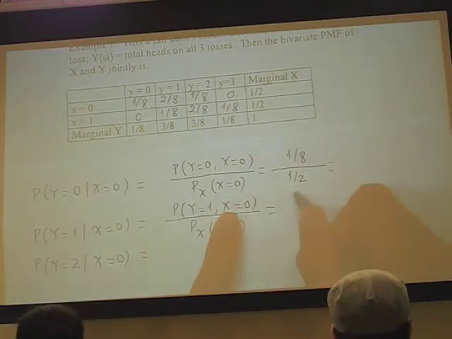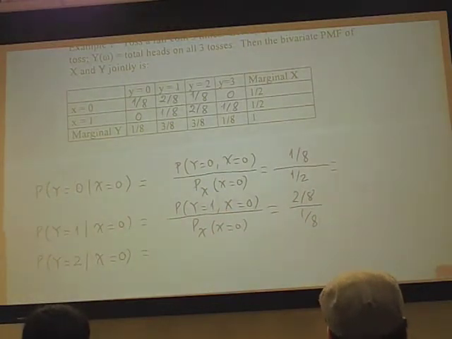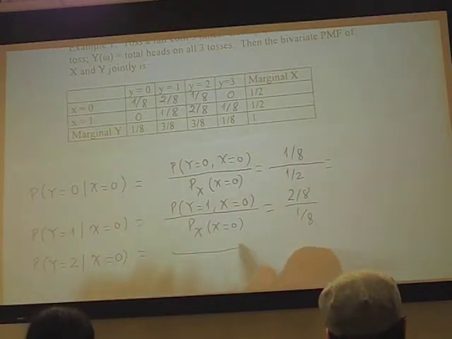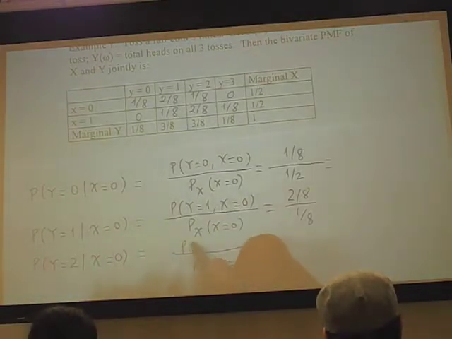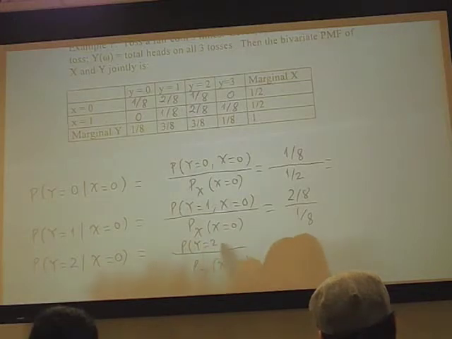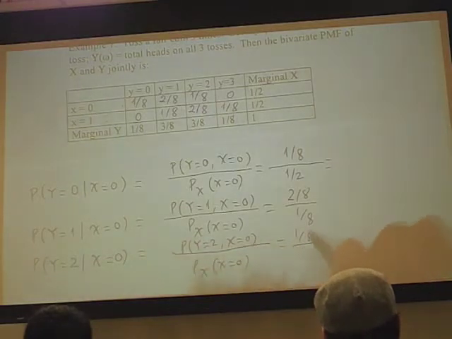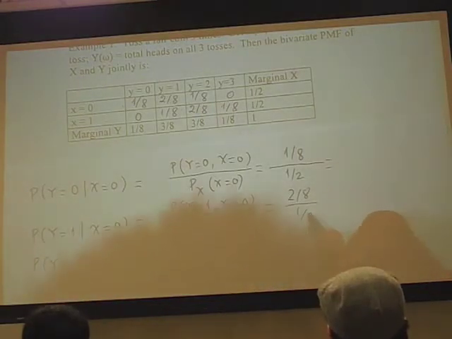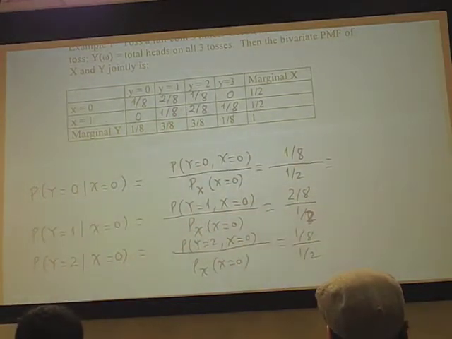So this is 2/8. Now this thing right here is also the same. And this is the probability of y equal to 2 and x equal to 0. So look at x equal to 0, y equal to 2, 1/8, over 1/2, not 1/3. Whatever it is.